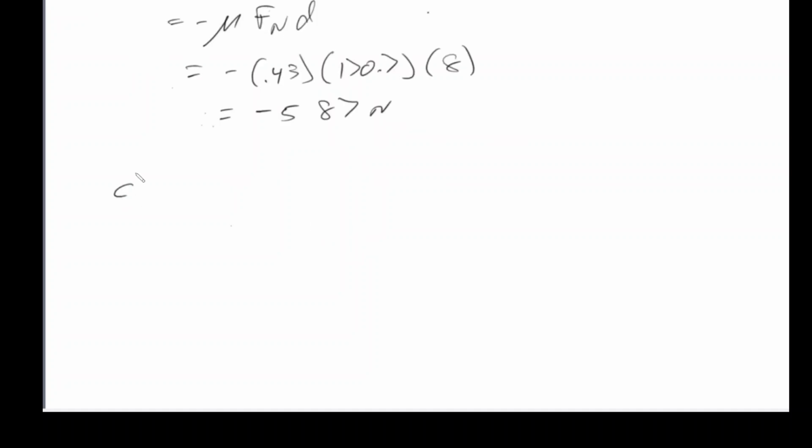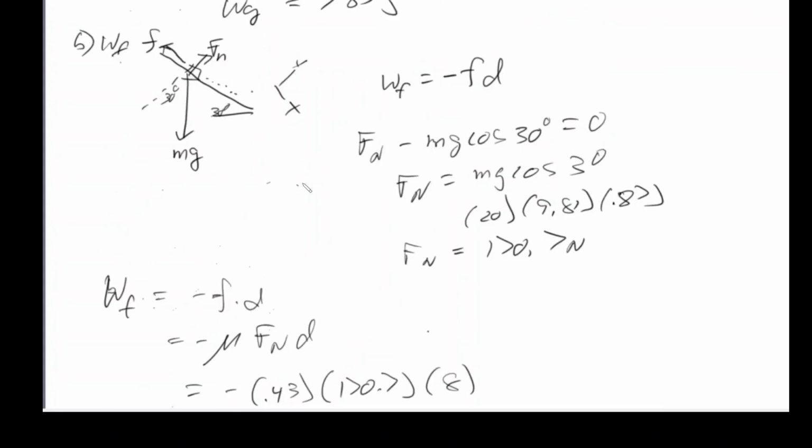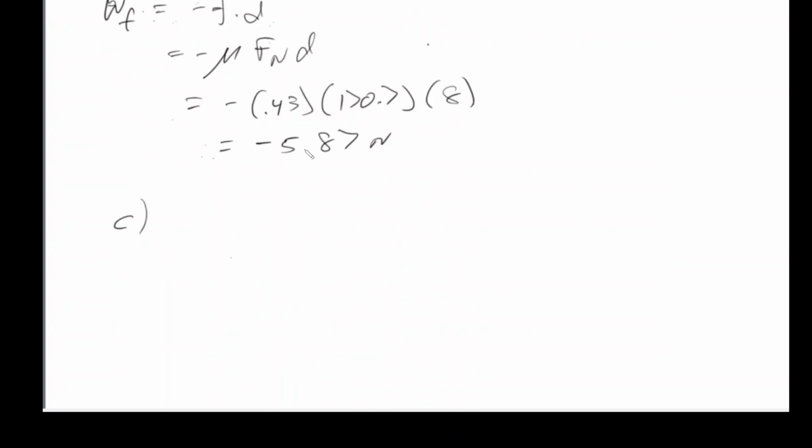Now for part C, we want to know what the work is done by the normal force. Well, if you go back to our free body diagram, we have the boy sliding down the hill. The normal force is perpendicular. So work by the normal force is equal to F times d, that would be Fd cosine 90 degrees.